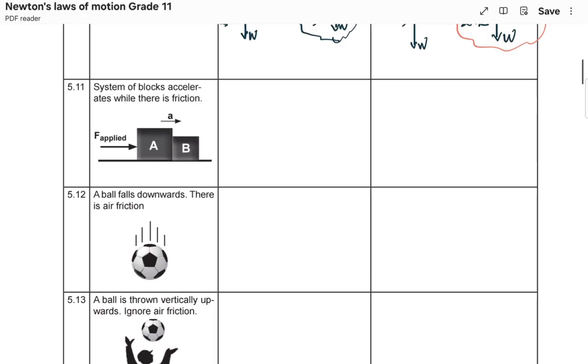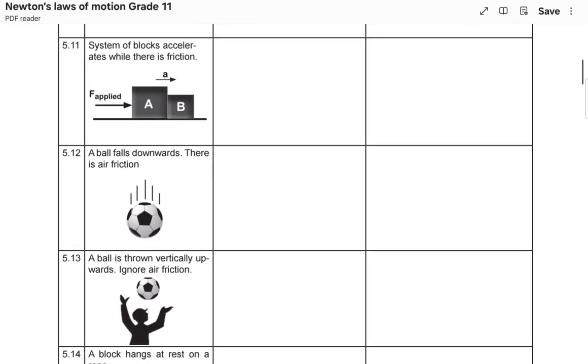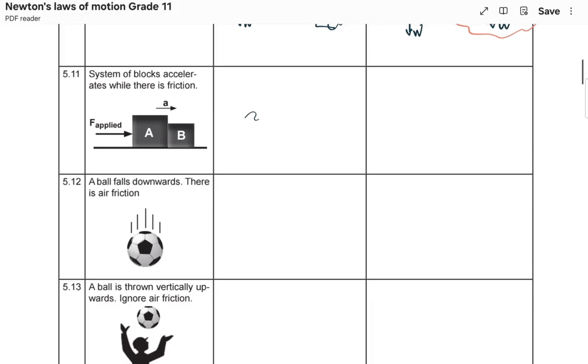Okay, then this one for A, I'm having A free body diagram. So there's a normal, weight. Then now Newton's third law here.